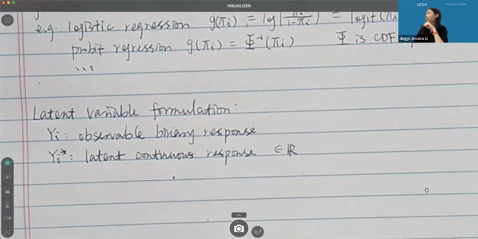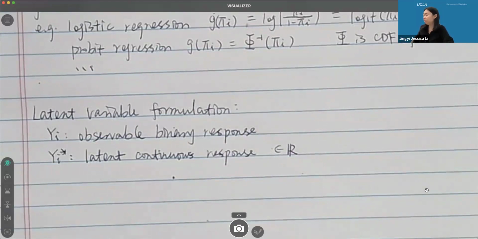And why is this a reasonable formulation? If you think about voting data, if we have one person i who votes yes or no to a question, maybe underlying this person i's mind, there is some continuous decision.